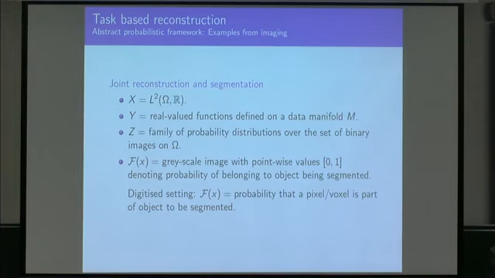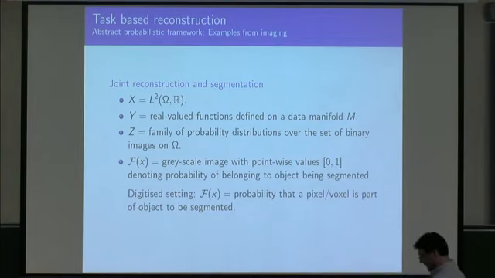Or if it's an MRI, then you're suddenly in the Fourier space, I guess. Z is now a family of probability measures or distributions over the set of binary images. So I'm given a binary image, and I'm hoping to get, for each point, or let's say each pixel, if I'm going to discretize this whole thing, a probabilistic value between 0 and 1, telling me how likely it is that this pixel belongs to the object that is segmented or not.